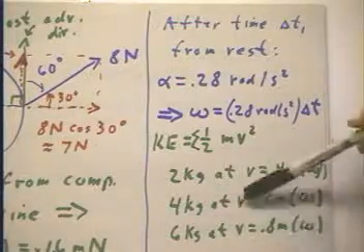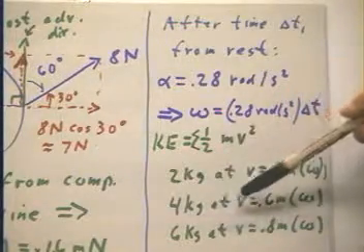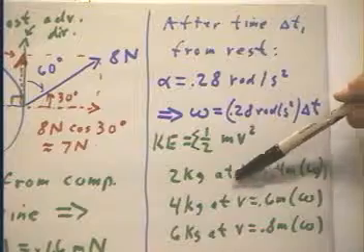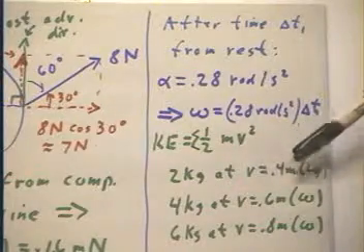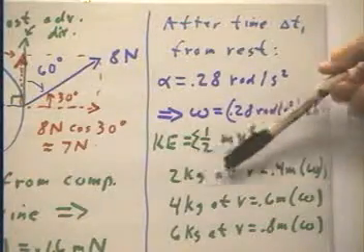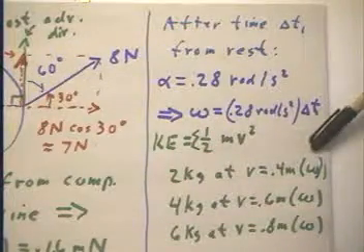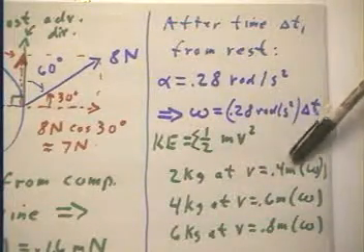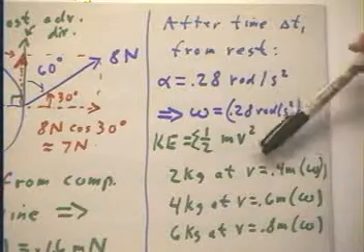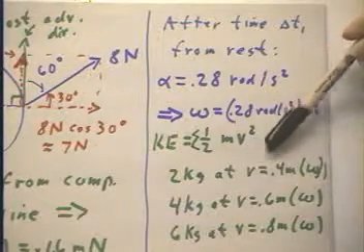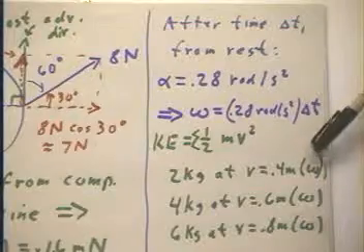Now, that means that we'll have 2 kilograms with the velocity of the hoop at 0.4 meters. Remember now, the velocity of the mass on that hoop is the radius of the circle, which is 0.4 meters, times omega, because of our relationship between velocity and angular velocity.